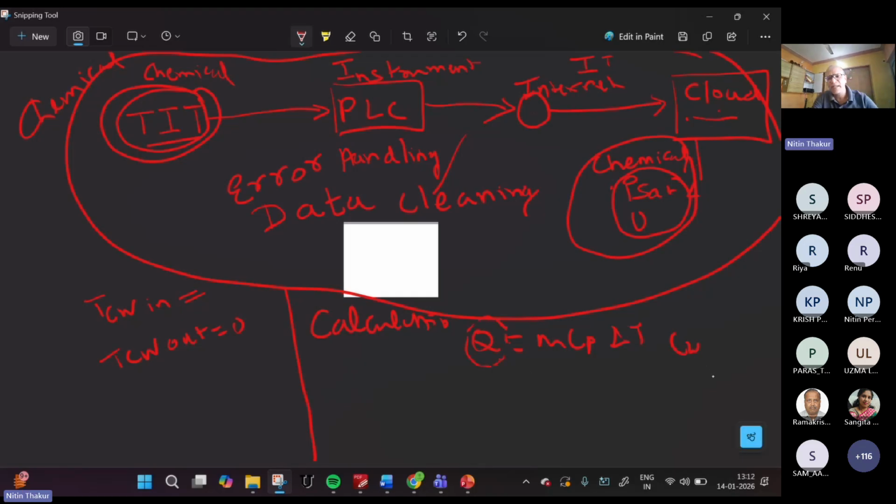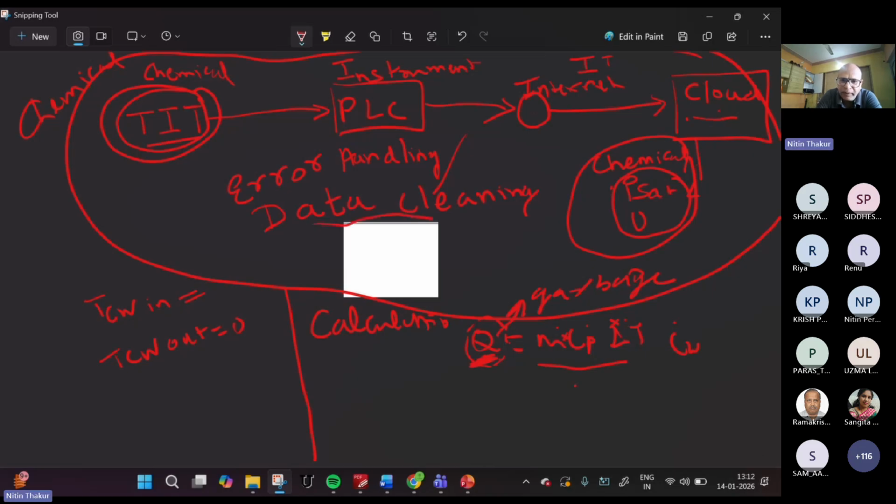There is a chance that some of the sensors are giving a garbage value and the Q calculated will be garbage. So how to filter that out is defined by chemical engineers. In anything that you're calculating, you are doing a multiplication, you're doing a subtraction in the delta T, and sometimes, let's say, a division.